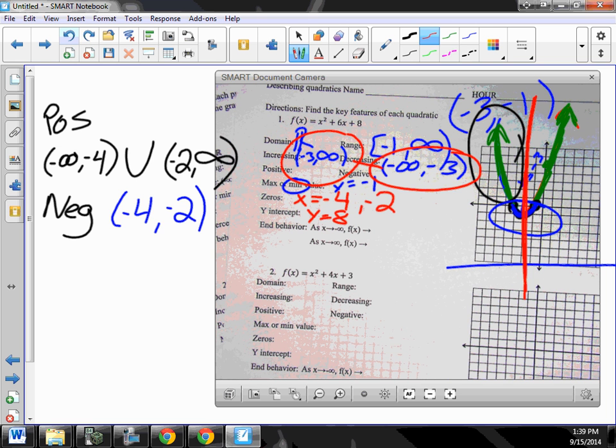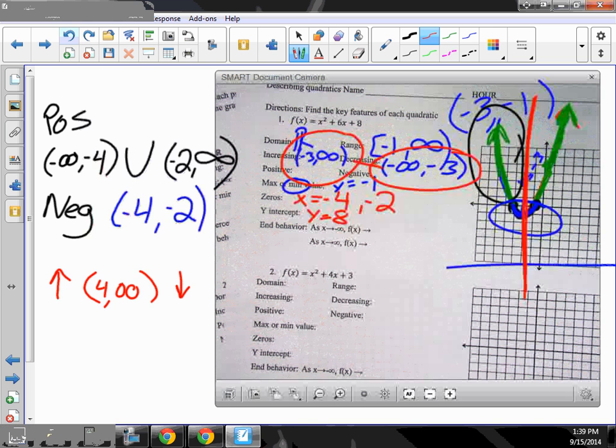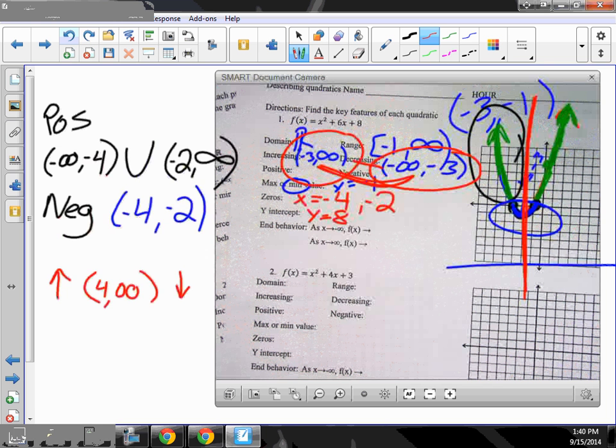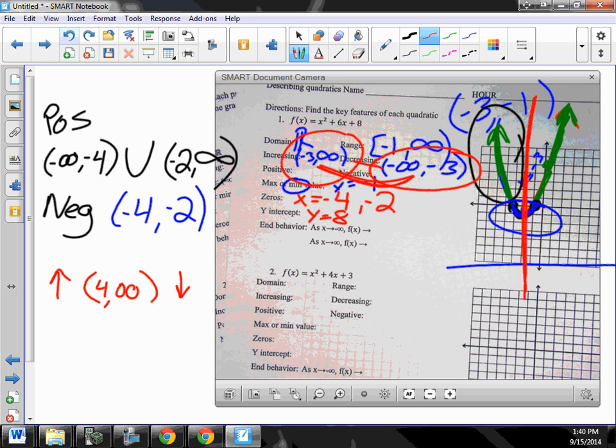So if I told you that it was going up from 4 to infinity, could you tell me where it's going down? Well, look at these. What's the difference between those two parentheses? The 3 and the infinity switched, and it went from negative infinity to positive infinity. So if I'm going up from 4 to infinity, then I must be going down from negative infinity until 4.